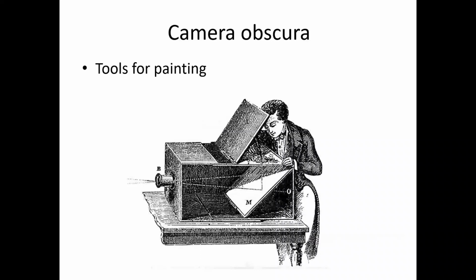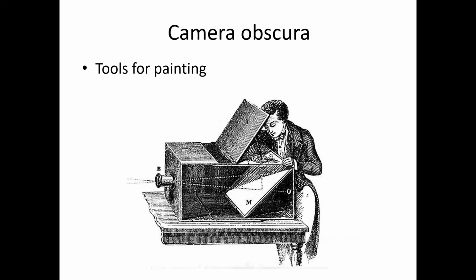So this is the first camera, from the 15th century, called camera obscura. It's called a camera, but it's still a tool for painting. The one important thing is that there is the optics. The scene outside is reflected onto the board inside the box.